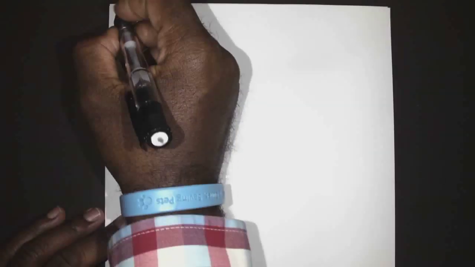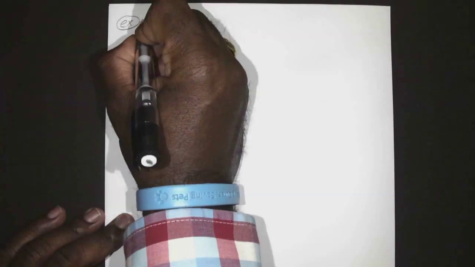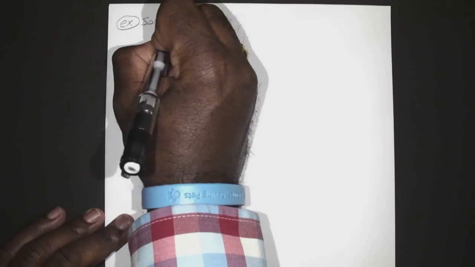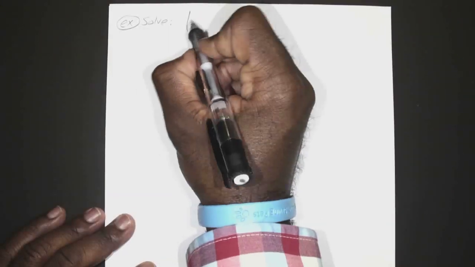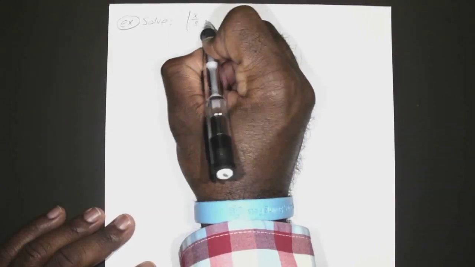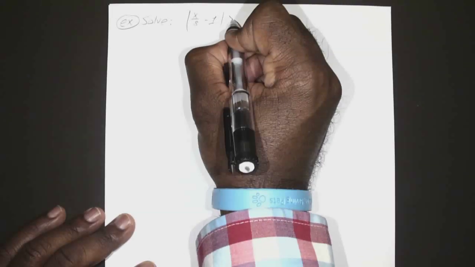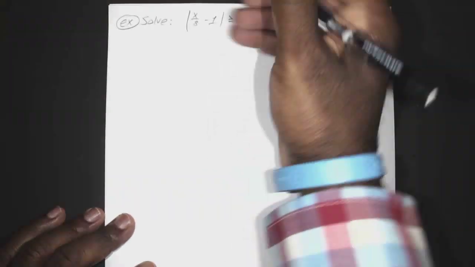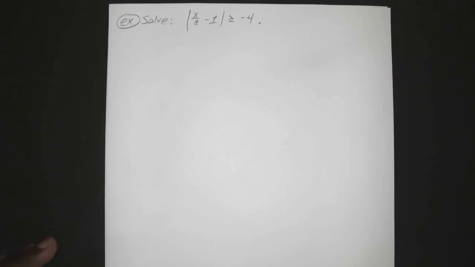Okay, so let's say if we wanted to solve the absolute value of x over 8 minus 1 is greater than or equal to negative 4. This one is similar and different than the one I had you try earlier.